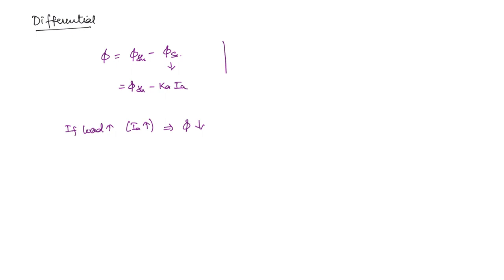Now what is the effect of reducing flux on the speed? We know that omega is equal to Vt minus Ia into (Ra plus Rse) divided by K phi, right? So if phi is reducing, then speed will increase. So you can write here as flux decreases, the speed will increase.